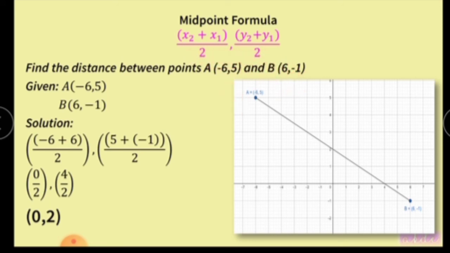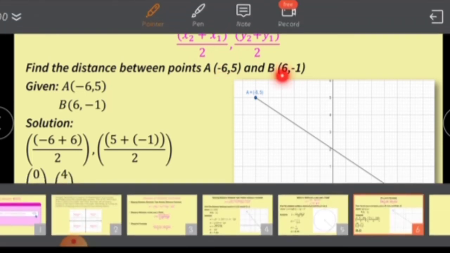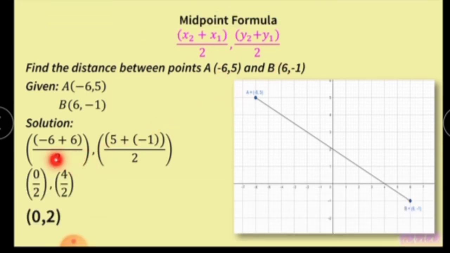So we have x sub 2 plus x sub 1, which is negative 6 plus 6, all over 2. Negative 6 plus 6 is 0, divided by 2 is 0. And for y, we have 5 plus negative 1, which is 4, divided by 2 is 2.